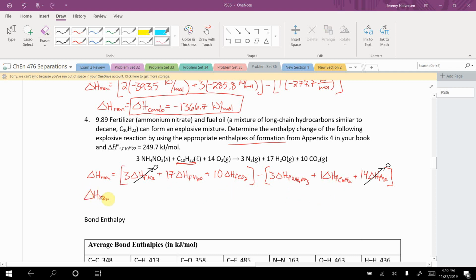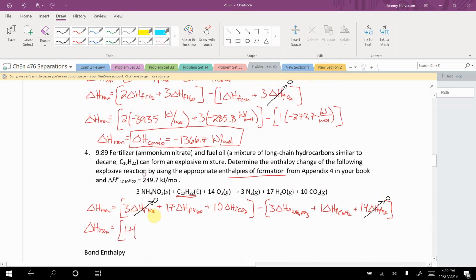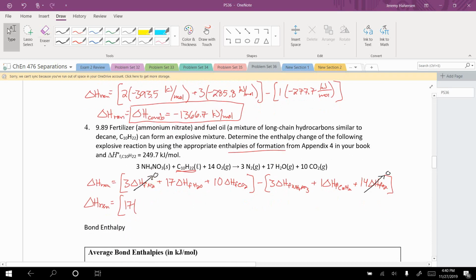Delta H of this reaction is going to be, oh, that's 0, 17 times water. Water is going to be negative 285.8.